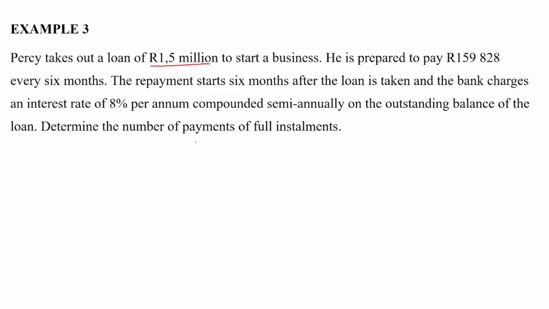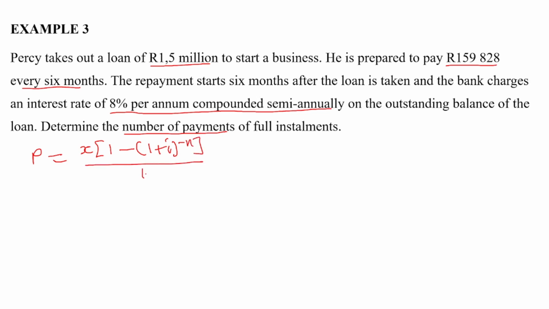The loan amount is 1.5 million, and X is 159,828 every 6 months. We want to find the number of payments. The interest rate is 8% per annum compounded semi-annually. We're using the formula P is equal to X times 1 minus 1 plus i to the power negative n, all over i. Then we substitute.